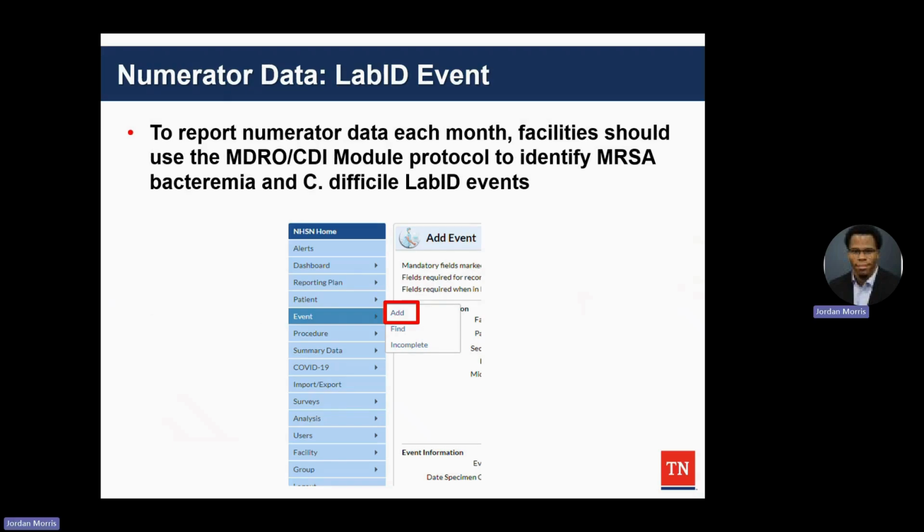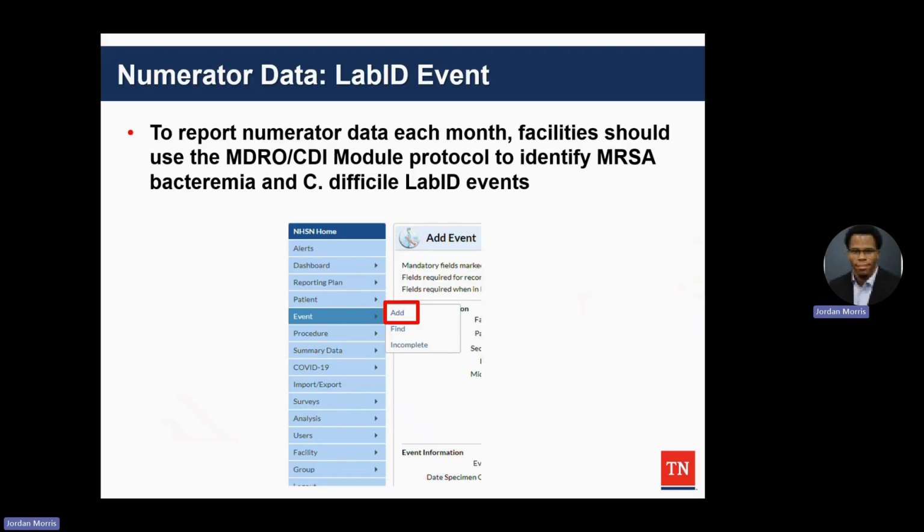So let's talk about numerator data. This is what it looks like in NHSN. To report numerator data each month, facilities should use the LabID event protocol to identify MRSA and C. diff LabID events.